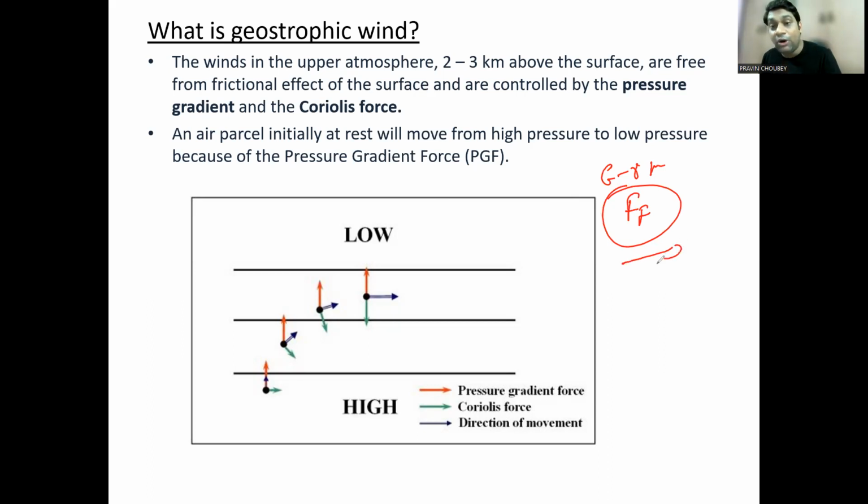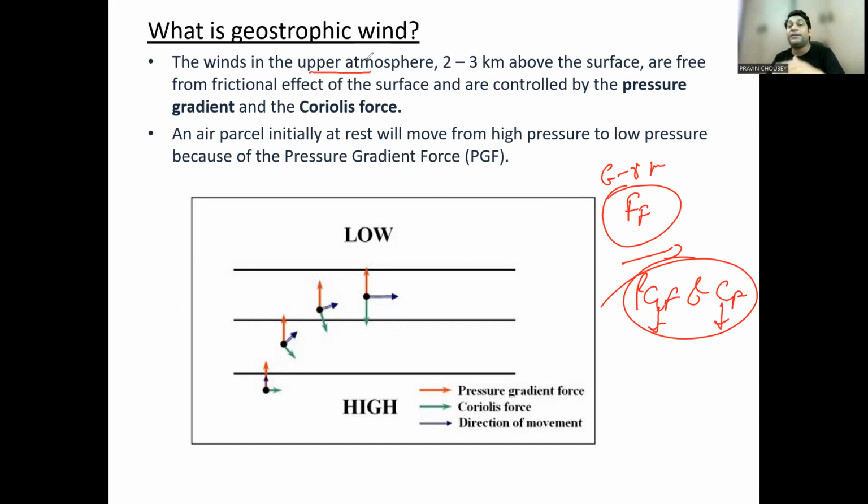This wind is only affected by two types of force: pressure gradient force and Coriolis force. So remember, a geostrophic wind is only affected by pressure gradient force and Coriolis force. Wind in the upper atmosphere, 2-3 kilometers above the surface, is free from the frictional effect of the surface and controlled by the pressure gradient and Coriolis force.